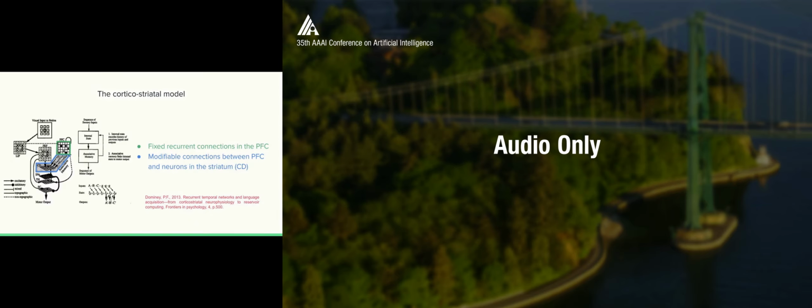So these observations led to this model depicted in the left of the slide, whose main features are the presence of fixed, untrained, recurrent connections in the prefrontal cortex network, PFC, and modifiable connections between the PFC neurons and the neurons in the striatum, indicated by CD, caudate nucleus, in the figure. These components in the last part form an associative memory that links the dynamical states in the PFC to the desired output responses in this area.